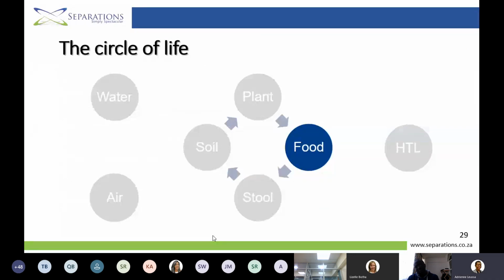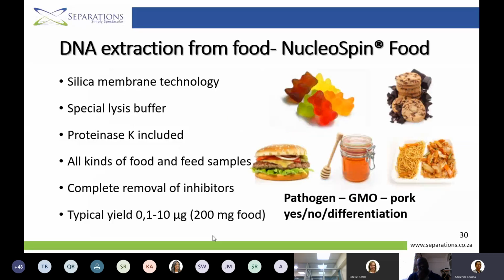Now, for the second category of environmental samples, you can isolate DNA from food using the NucleoSpin Food Kit. This kit equally employs a special lysis buffer, like was highlighted previously, that allows extraction of DNA from various types of food and feed samples, as well as ensuring complete removal of inhibitors.